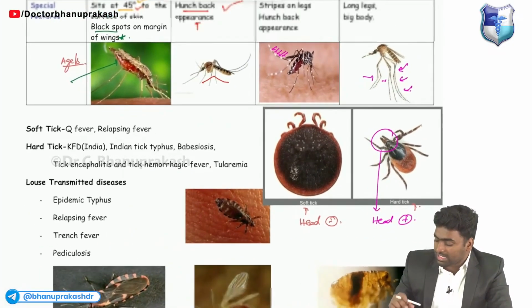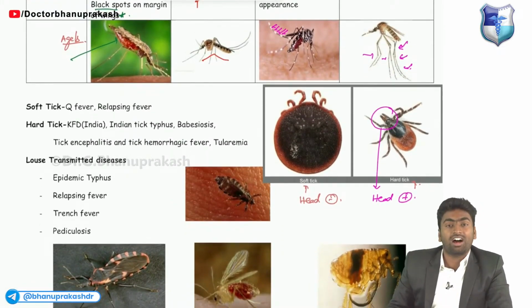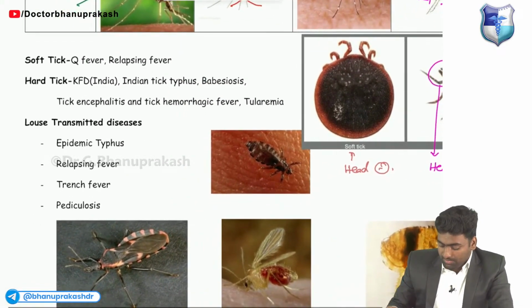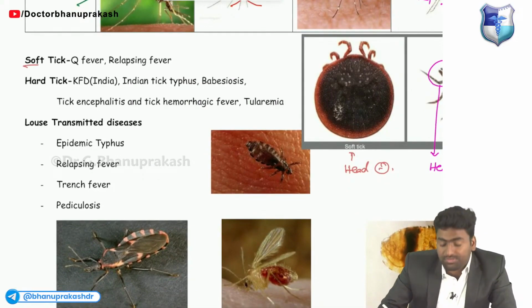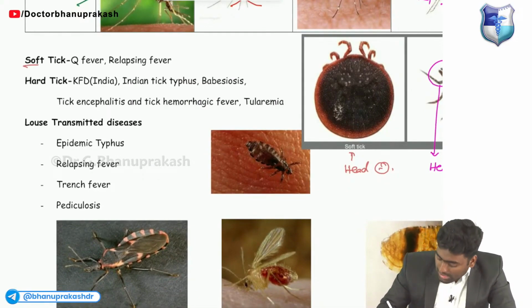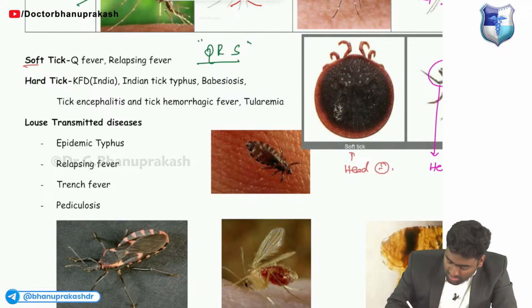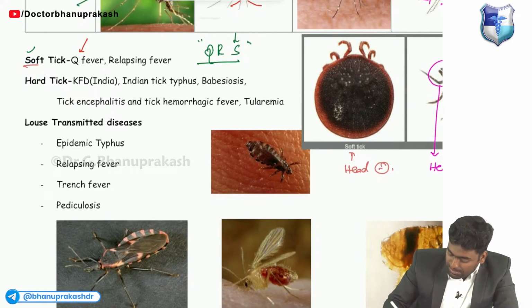Then you need to remember the diseases which are spread by the hard tick and soft tick. First, the diseases spread by the soft tick, remember QRS. So the soft tick will transmit Q fever and relapsing fever.